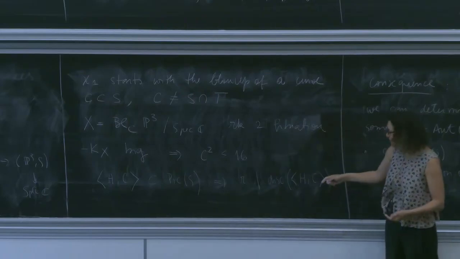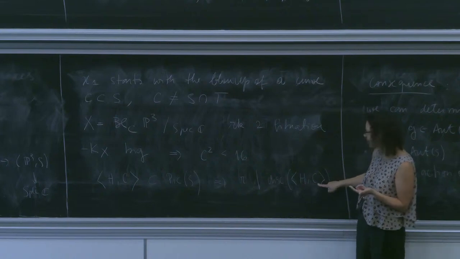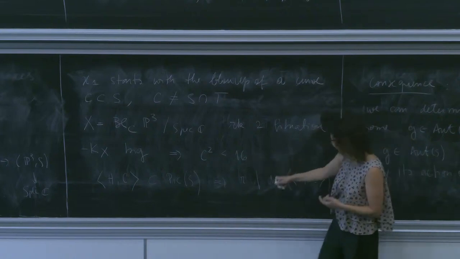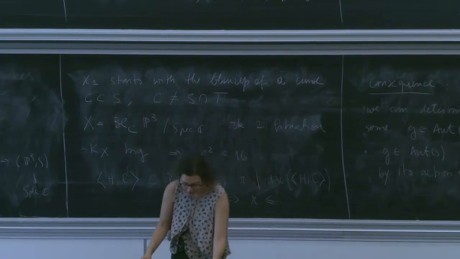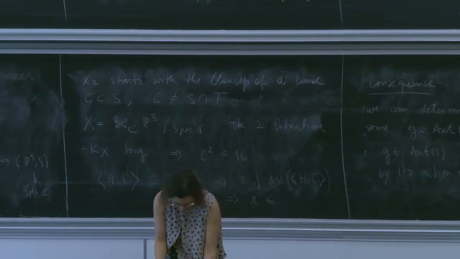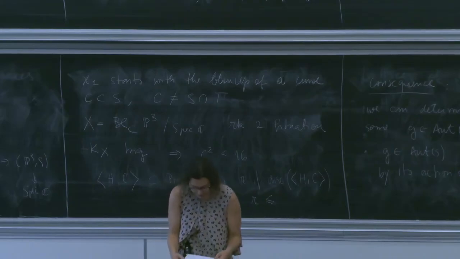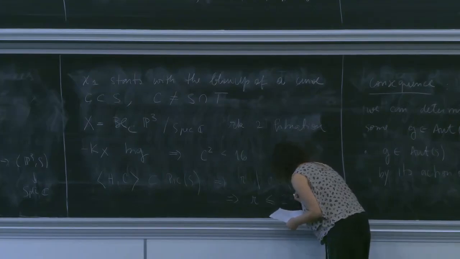And now it's easy to check that, okay, so this is the hyperplane class, and this is a curve of degree at most 16. So you can check that this already forces our R to be less or equal than 233.